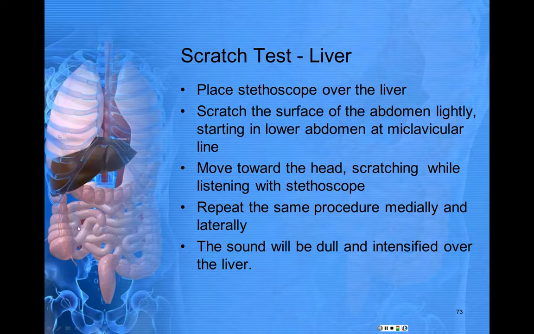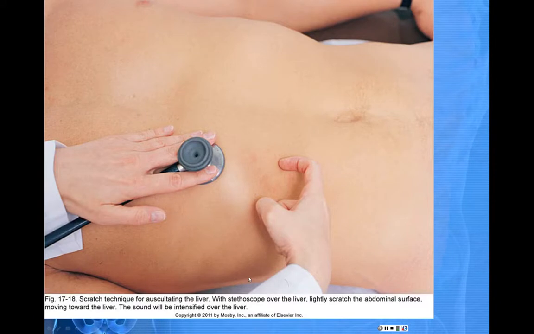As you scratch here, you'll be hearing more of a hollow sound, and it'll change once you get to the border of the liver. And you'll be repeating the same procedure both medially towards the middle and laterally to get the size of the liver. The sound is going to be dull and louder over the liver. Here's a basic picture of how you do the scratch test.